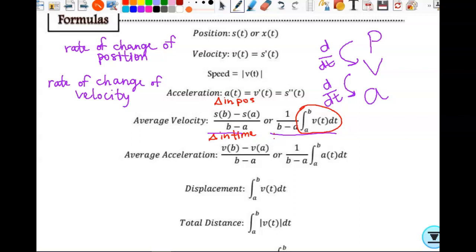And likewise with acceleration, if I want average acceleration, okay? Think about units-wise, meters per second squared. So it's change in velocity divided by change in time, okay? This expression over here is also equal to our average acceleration. So focus on this right here. What does this part of the expression tell us?